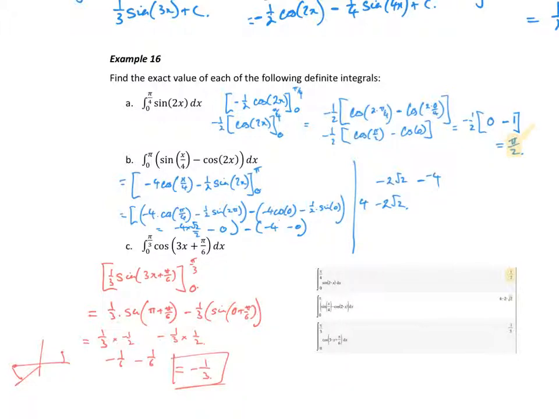Picked it up eventually. There's our 4 minus 2 root 2 for that one there. And then our minus 1/3 corresponds to that one there. Okay, so make sure you know how to use both. I can't stress enough our ability to work these out on our calculator. So just be aware of that.